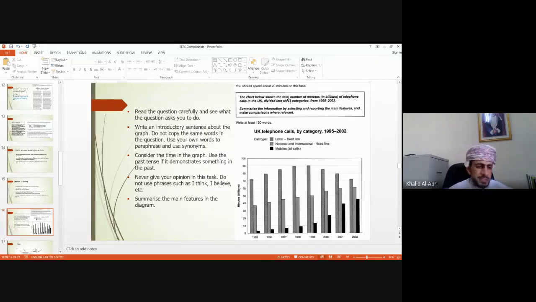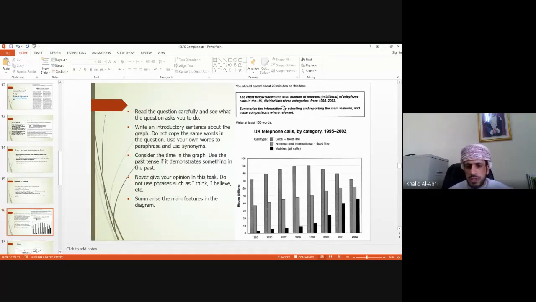So this is a clue. It helps you to answer. It describes some things here. What is being described here? The number of minutes of telephone calls in 3 categories from 1995. So first of all, this is the introduction. You need to take it as the introduction and write it in the topic sentence. In the first sentence, you need to introduce what the chart shows.